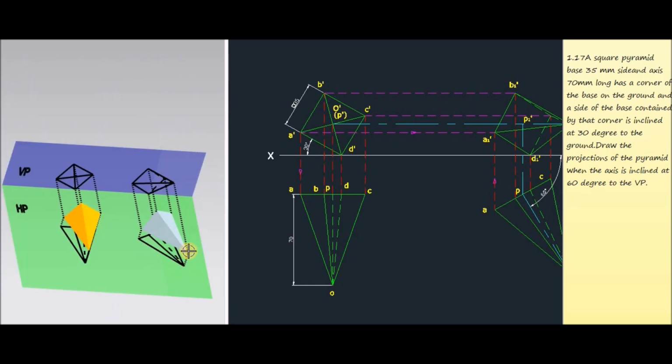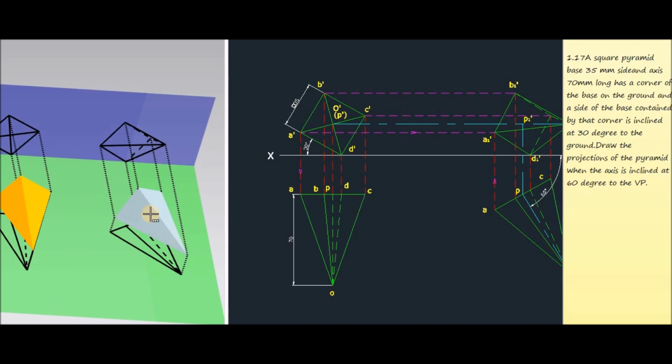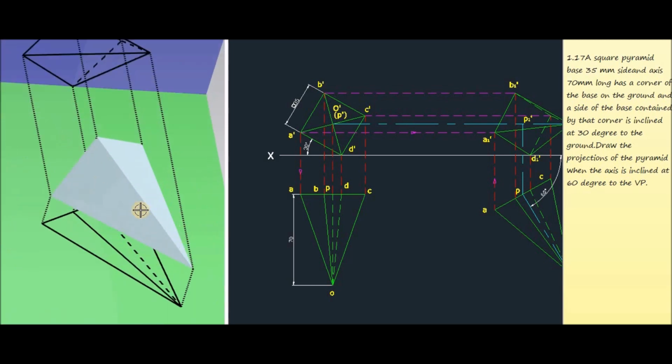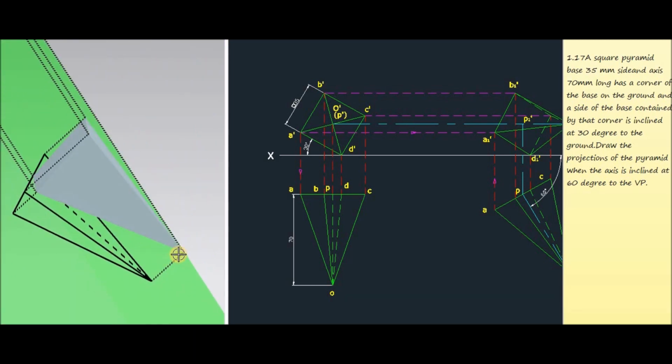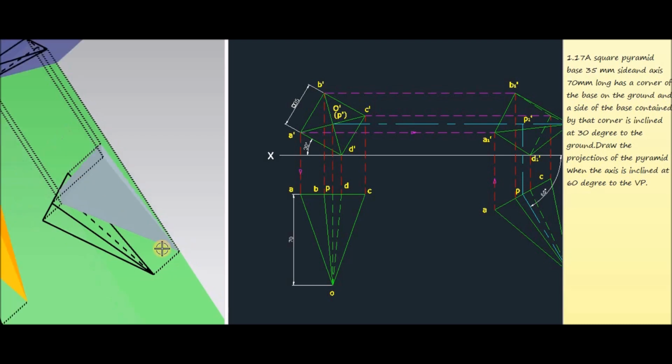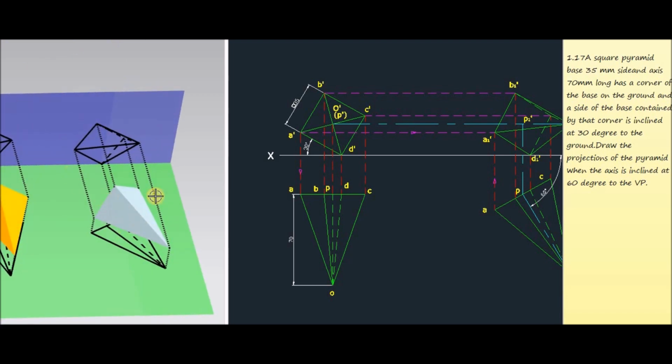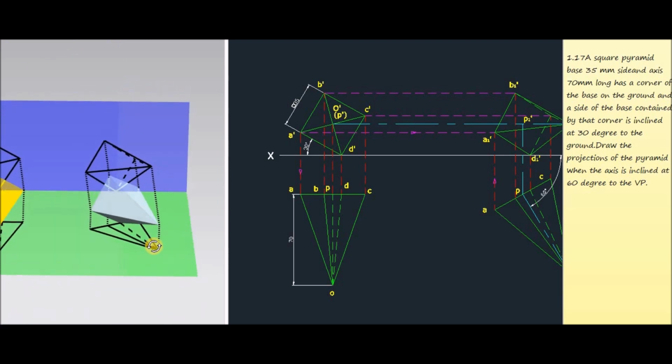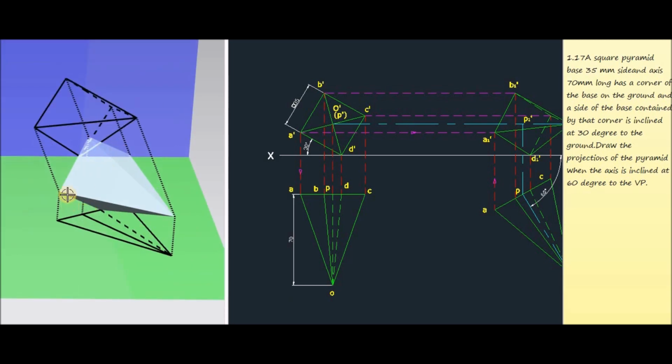Then in the second step, it is given that the pyramid is rotated so that the axis of the pyramid makes an angle of 60 degrees with the vertical plane. Now consider this case. Here this is the axis, joining the center of the base and the vertex. Here also, for getting the front view, we project all the base corners to the vertical plane, then project the vertex to the vertical plane.